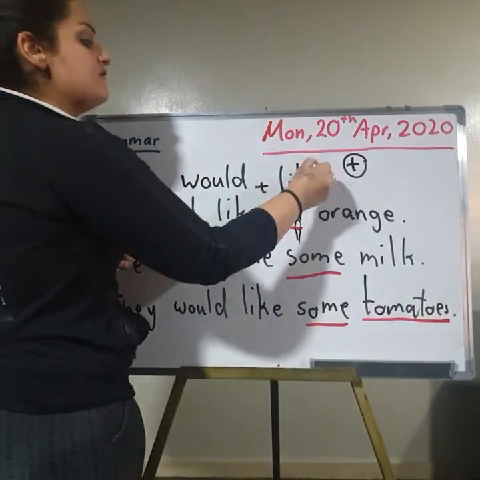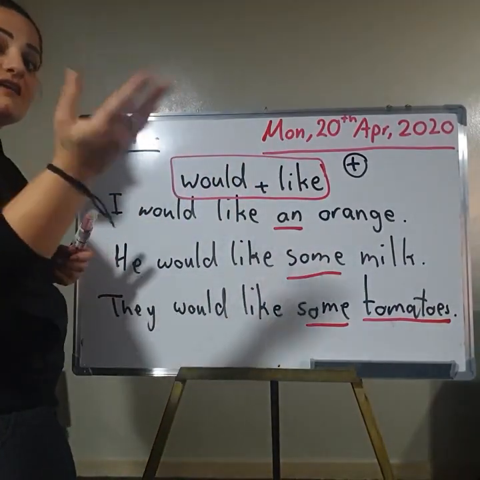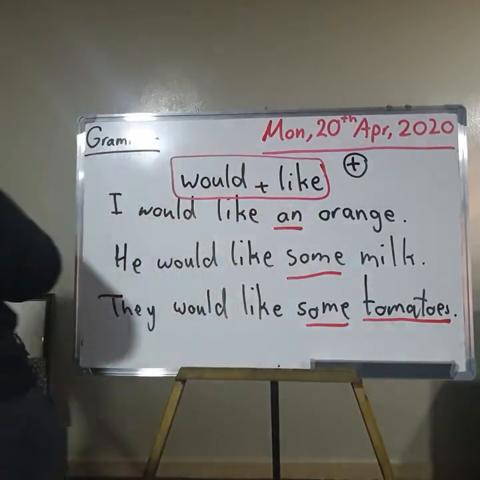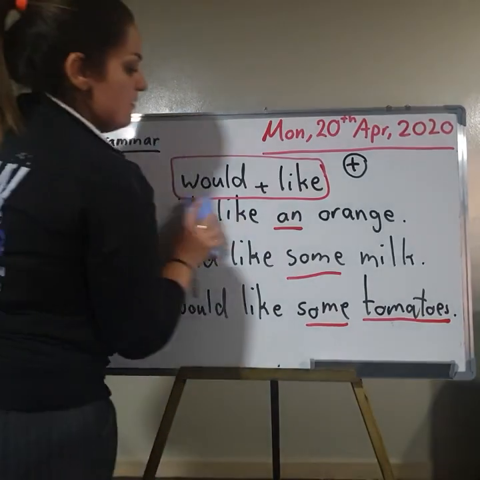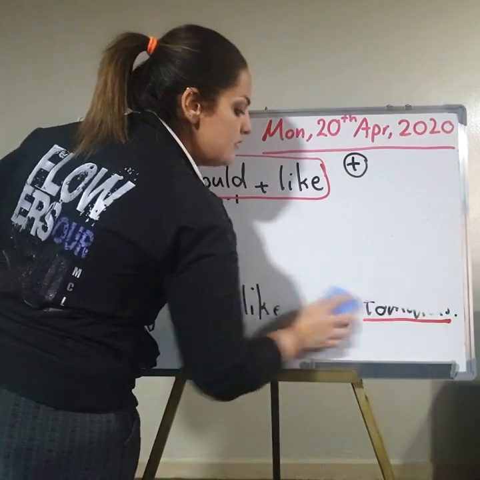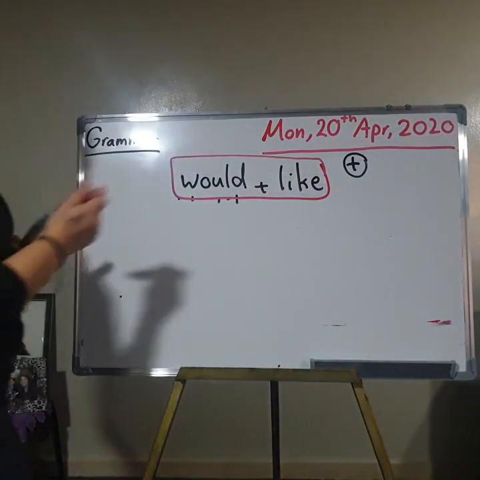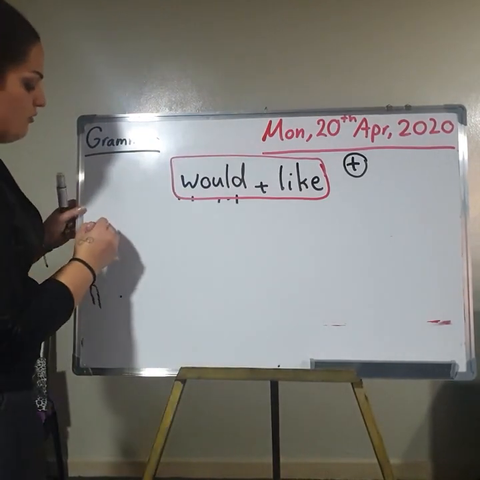And I can use this form in the form of a question. If you want to ask someone, what does he or she want? If I want to change it into a question, I put would at the beginning of the sentence, okay? And I ask, what does he or she want?